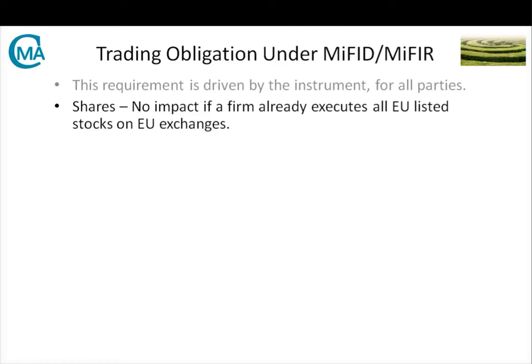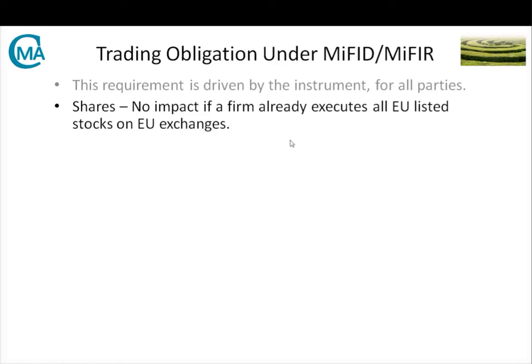So the key here is if it's traded on the European venue, we don't care where else it's traded, this applies. So if you're already transacting all EU instruments on EU stock exchanges, there isn't an additional impact.